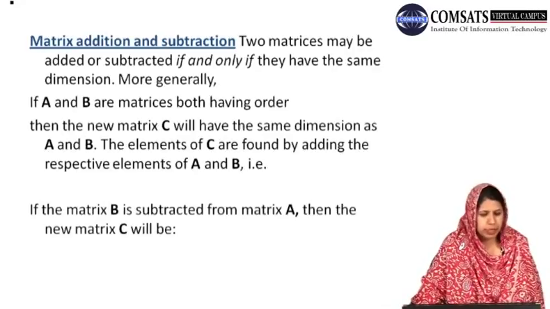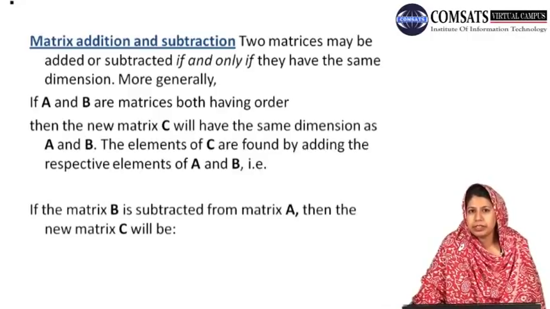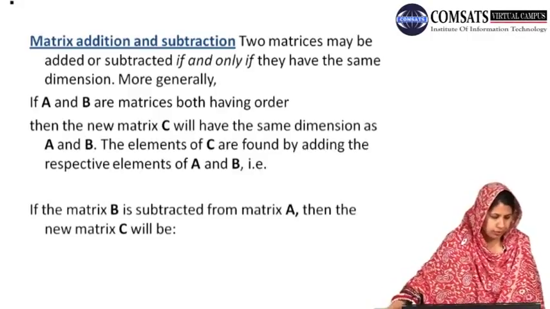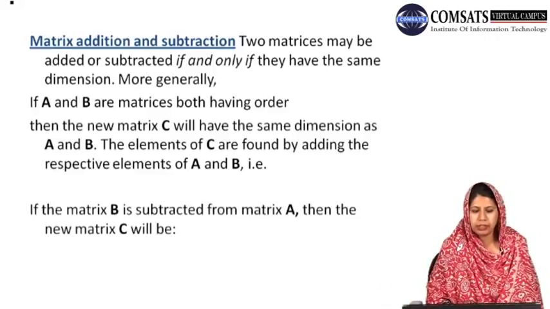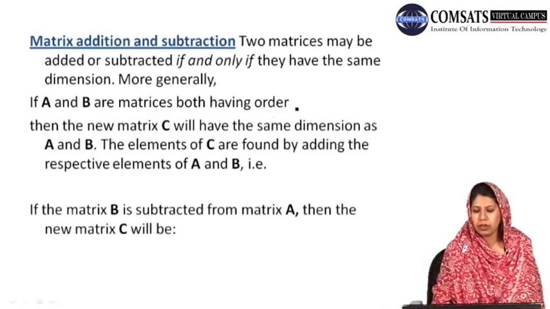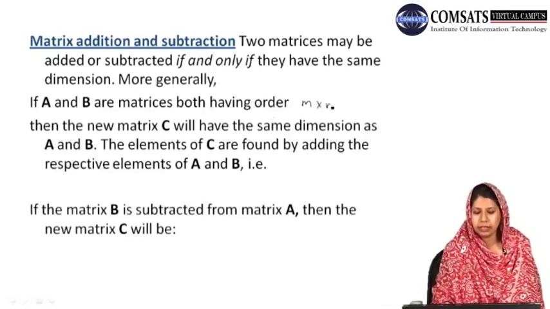Now 2 matrices may be added or subtracted if and only if they have the same dimension or the same order. For example, we have 2 matrices A and B, both having the order m by n.